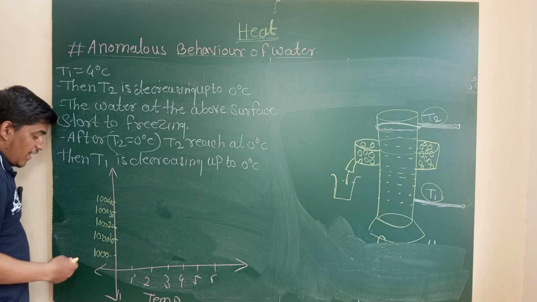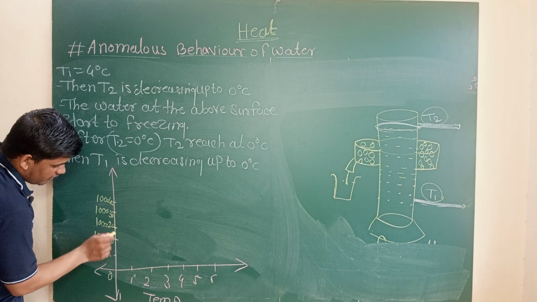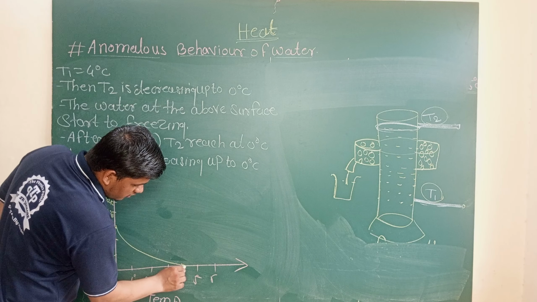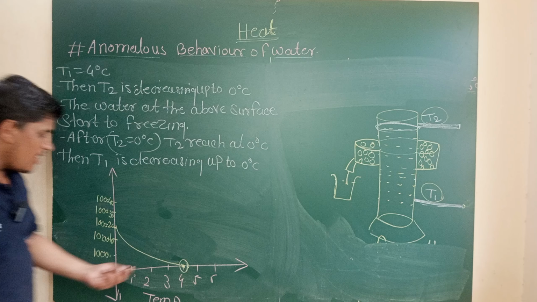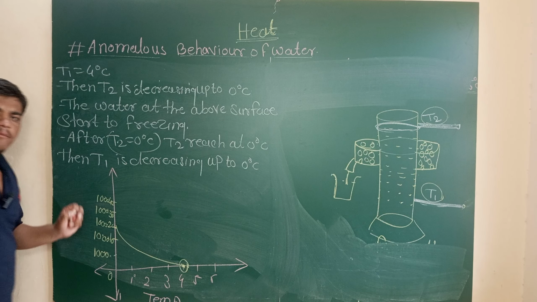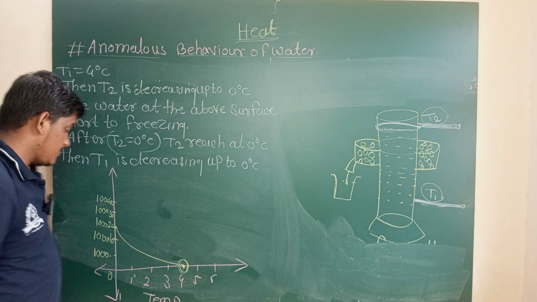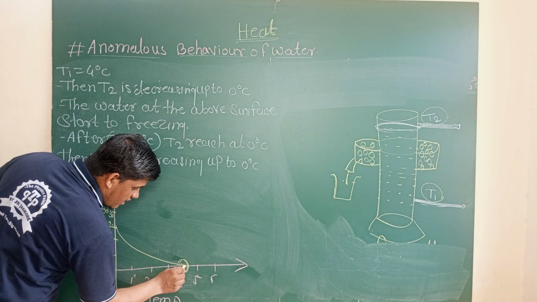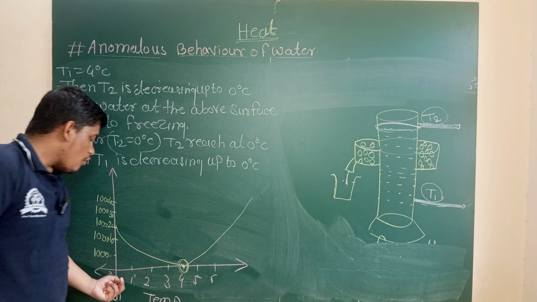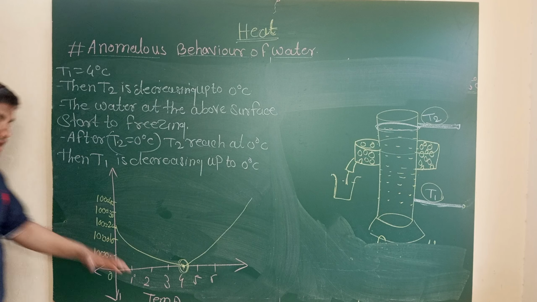When the water is heated, it contracts between 0 degrees Celsius and 4 degrees Celsius. At 4 degrees Celsius, the volume of the water is the least, and the density of the water is the greatest. Above 4 degrees Celsius, as the temperature increases, the volume increases. This graph shows the anomalous behavior of water.